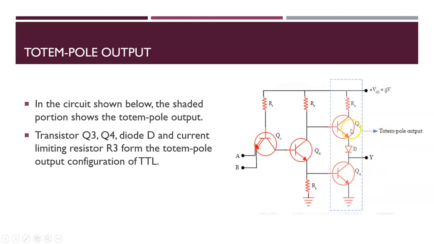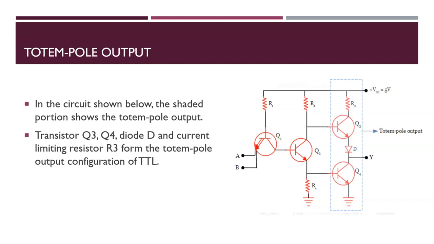The totem pole configuration has Q3 and Q4, the two output transistors, arranged such that when Q3 is off, Q4 is on, and when Q4 is on, Q3 is off. So vice versa is taken into consideration, and that's the reason it is called a totem pole configuration.